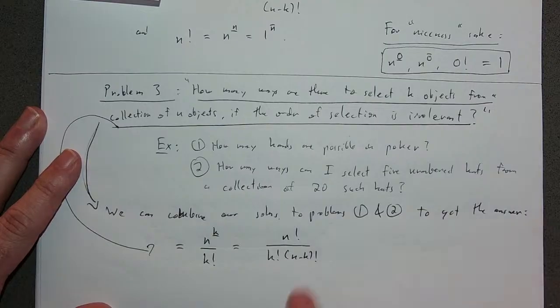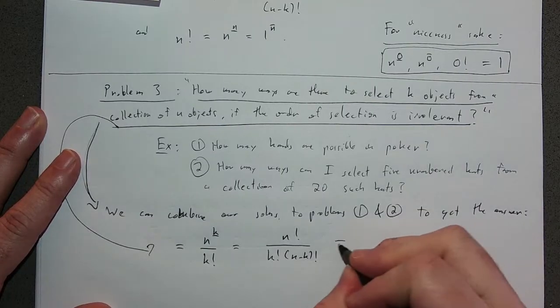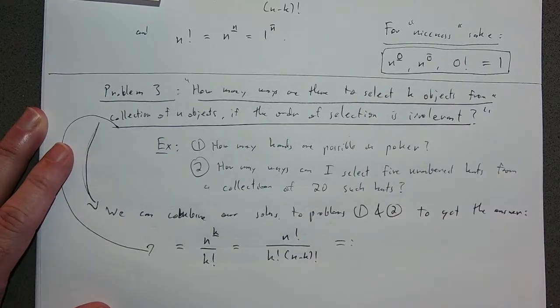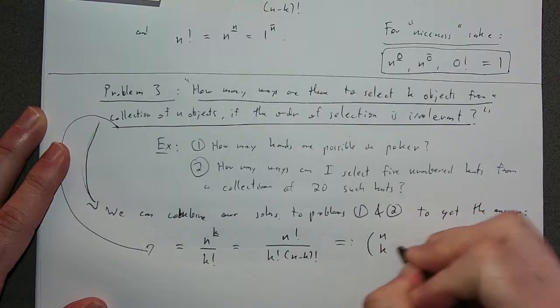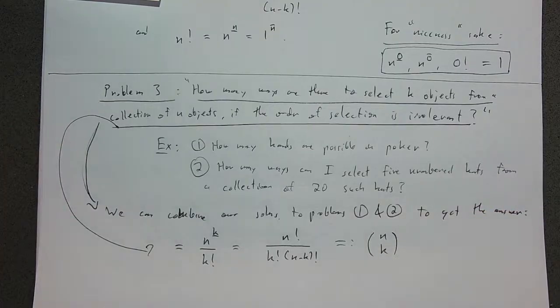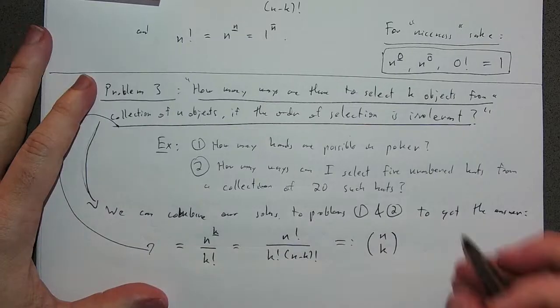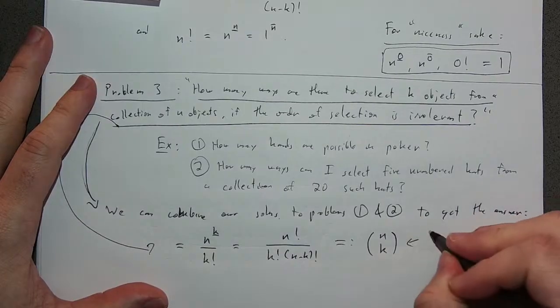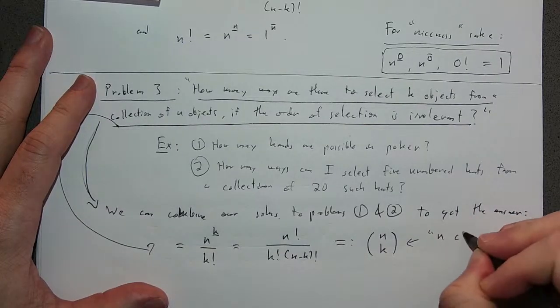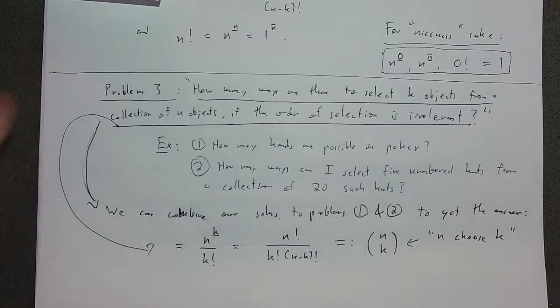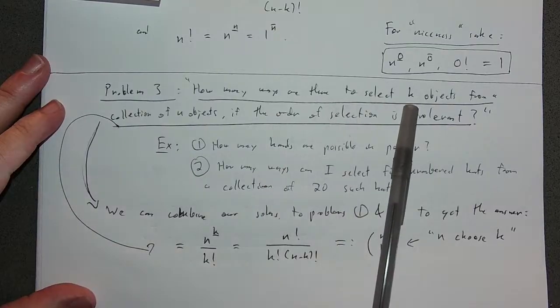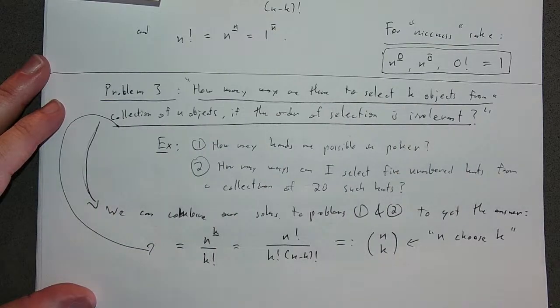Okay. This has another expression, or another symbol to denote it, which is this symbol that we read as n choose k, because it counts the number of ways to select k objects from a collection of n objects.